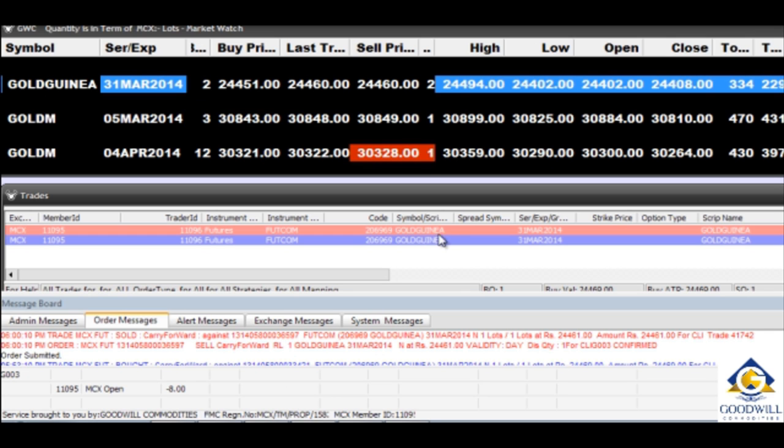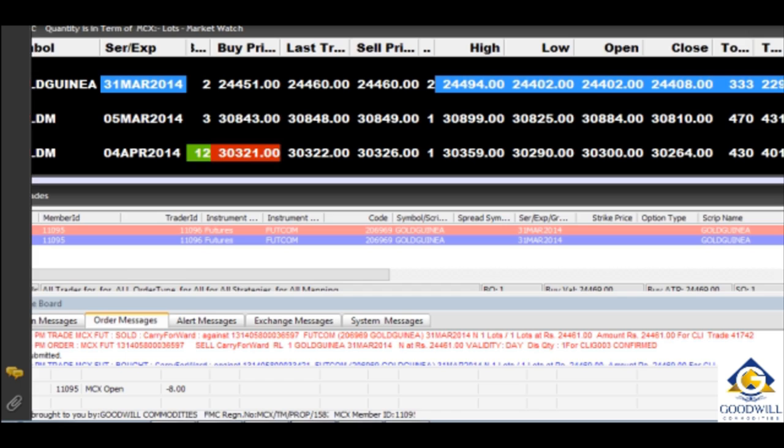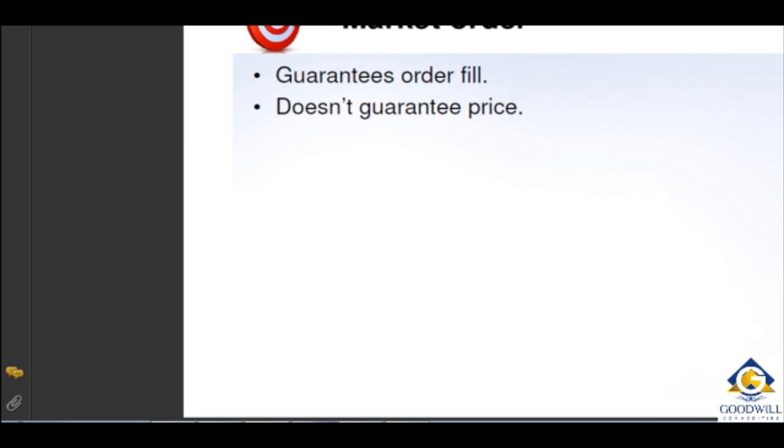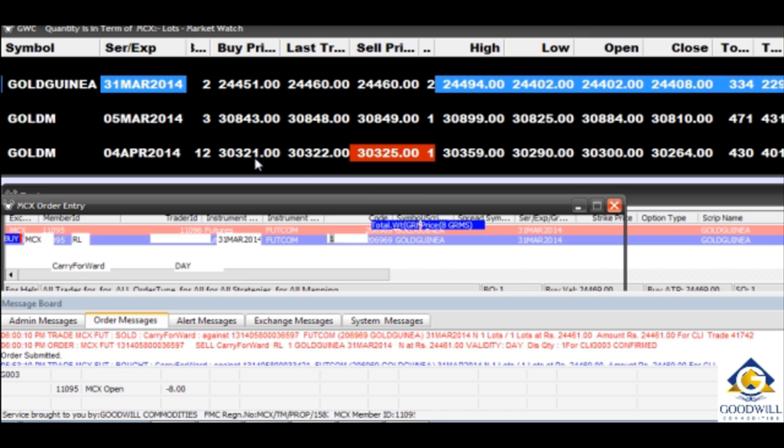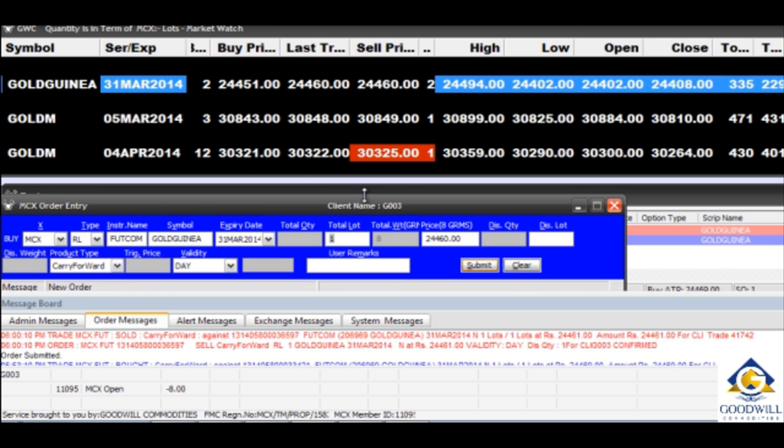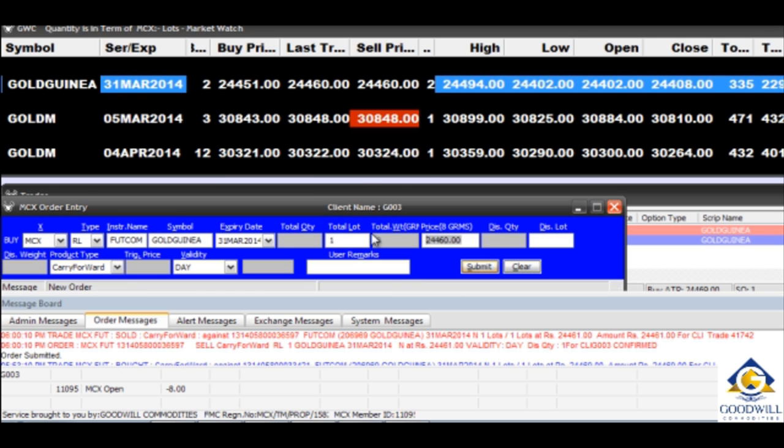But the drawback is it doesn't guarantee price, since I am keeping the price as 0 or empty when I purchase any commodity.